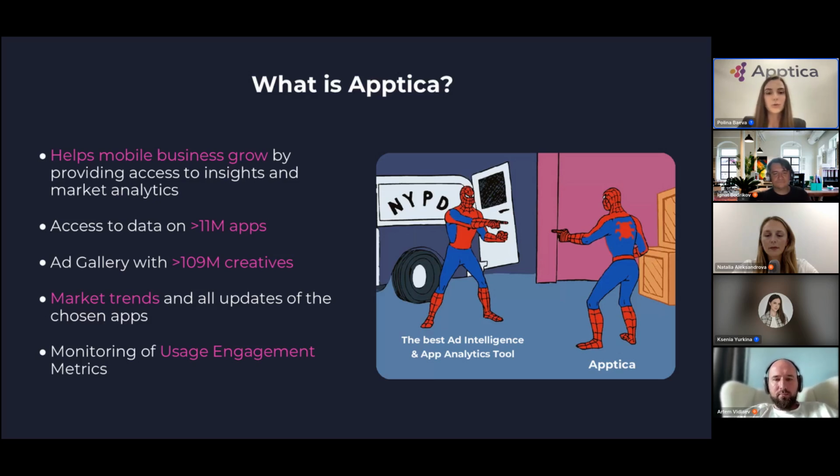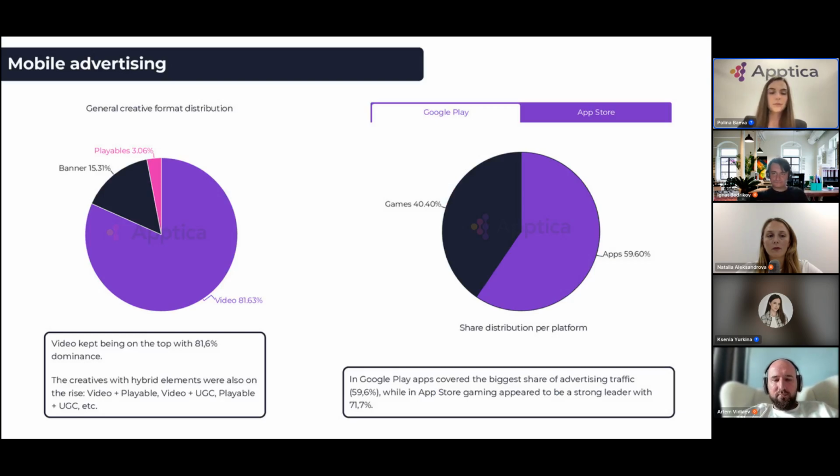With access to over 11 million apps and an extensive gallery with more than 109 million creatives, Apptica allows you to monitor key market trends, usage engagement metrics, and app updates, among other features. So let's start our analysis from the overall picture of mobile advertising, and we will look at some trends.